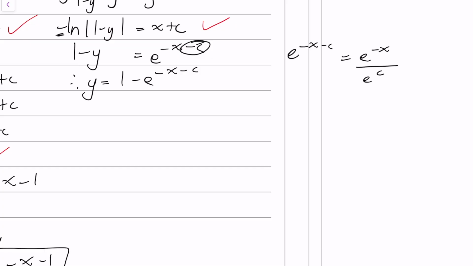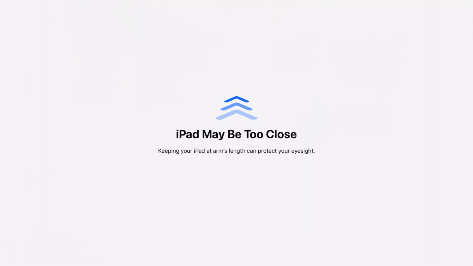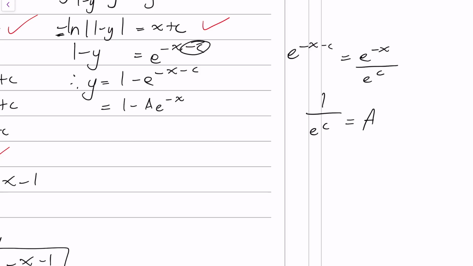Okay, and my e to the c, I can just make my 1 over e to the c as a value, I might say a. Okay, so I'll do y equals 1 minus a e to the power of negative x.